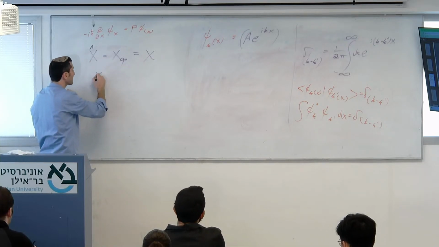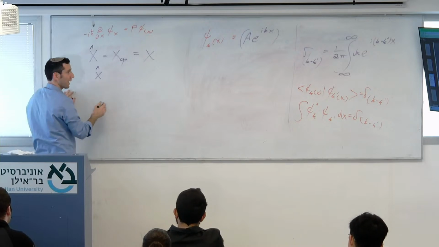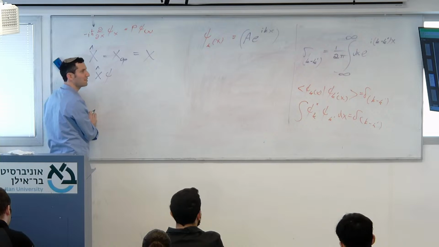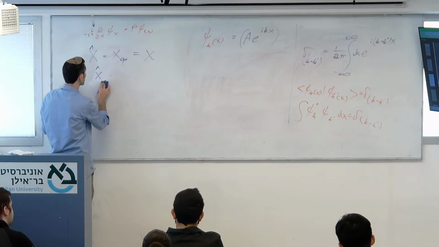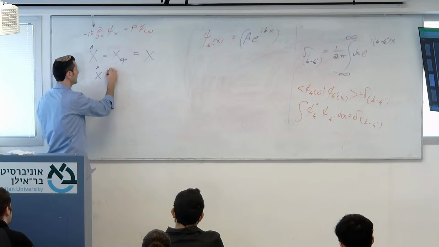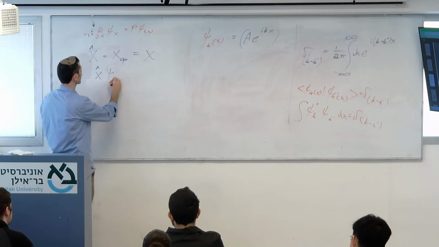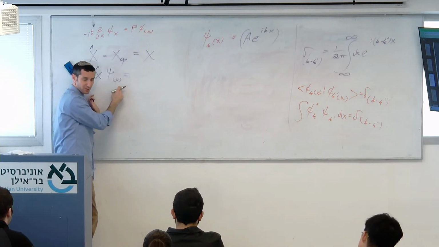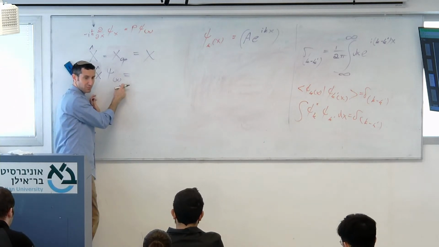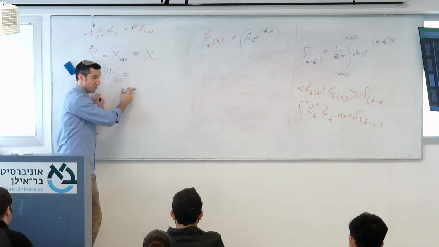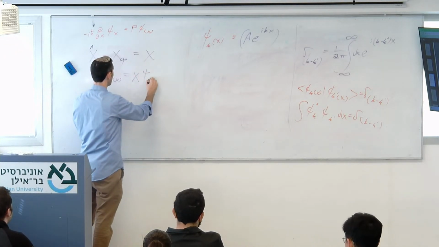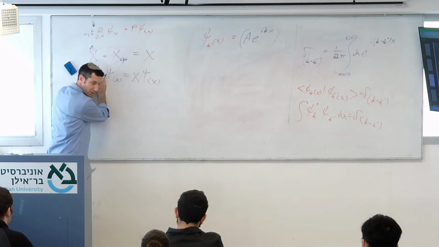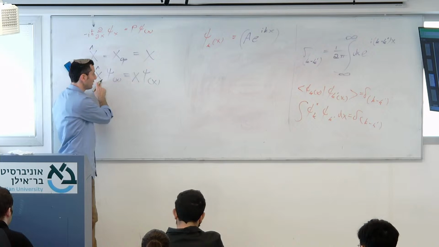What I want is the x operator times a certain function, psi now, since we had phi before, to be equal to a certain value. I want the value to be exactly the location, times the same function. Here I measure the location, and this is an operator, and this is a value.